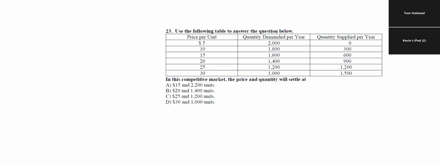Are you finding the equilibrium? For 23, yeah. Well, it's saying use the following table to answer the question below, and this is one of those cause and effect ones where they're saying, okay, where is the price going to settle down at?